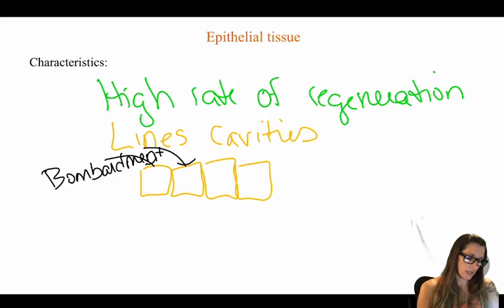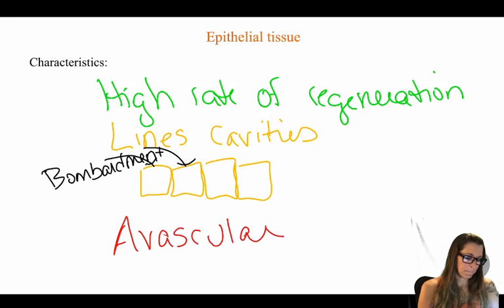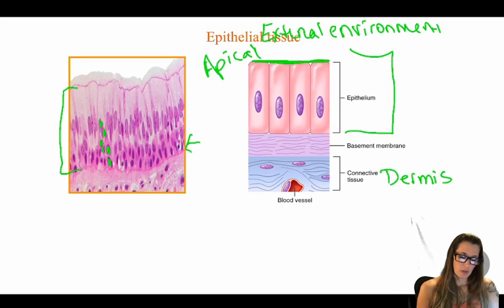They're also what's called avascular. Down here, here's your blood vessel, but that's actually down in the connective tissue. That's not in the epithelial tissue. This is your epithelium up here. The epithelium itself does not have blood vessels.